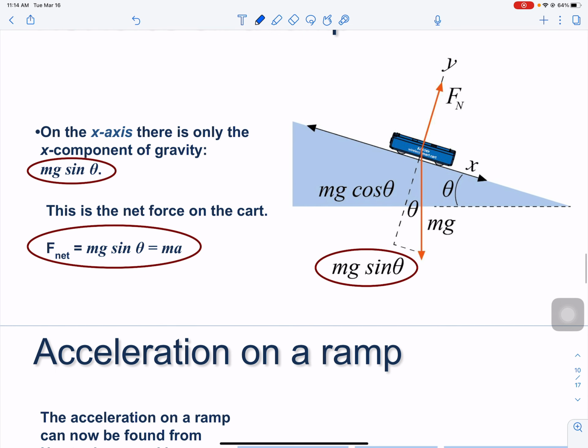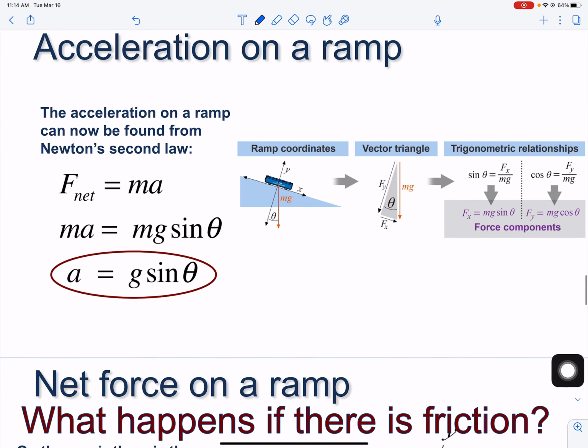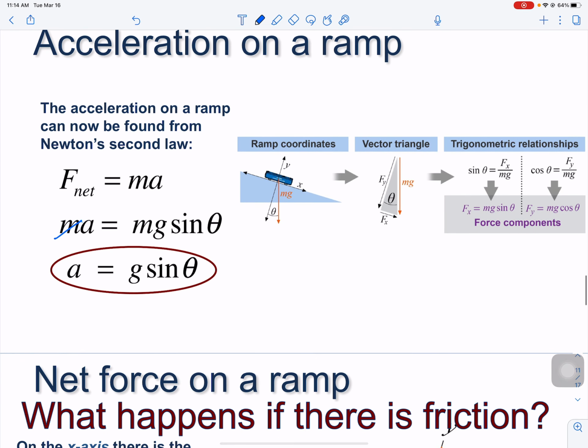So this is what we have, F net: mg sine theta is equal to ma. Those are both the mass of the cart, so these masses cancel out, and so this is the acceleration of the cart down the ramp. Something really important to remember is that this is assuming no friction.